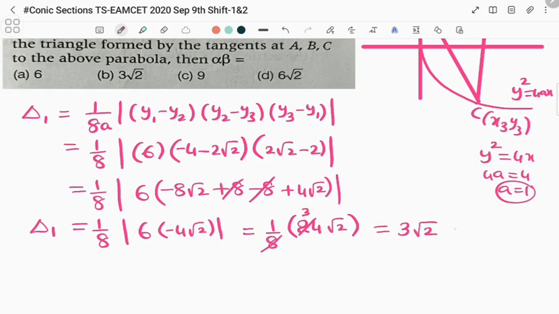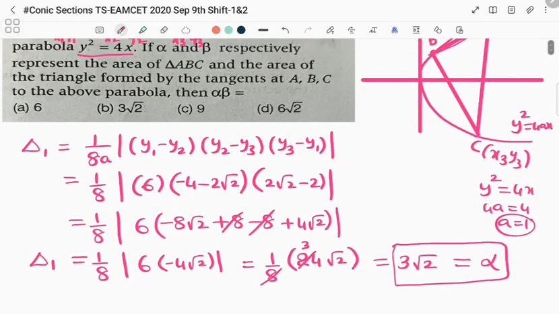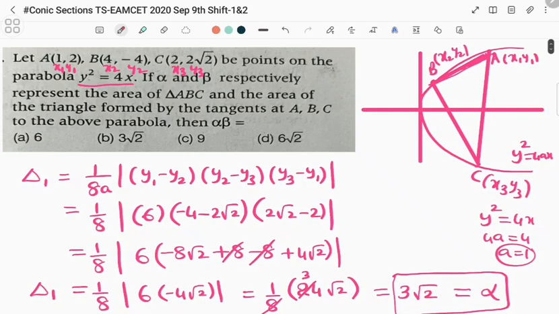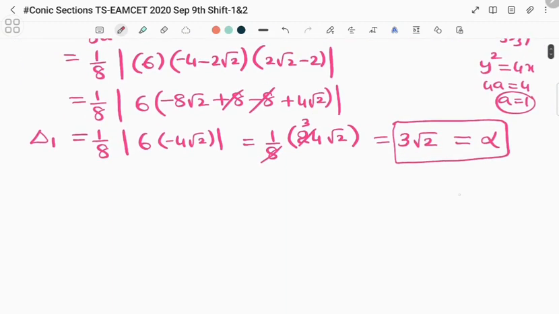So this delta 1 is denoted by alpha, the area of the triangle formed by the vertices which are lying on the parabola. The second one, beta, is the area of the triangle formed by the tangents at the points A, B, C. See here, the figure will come like this, dear students.